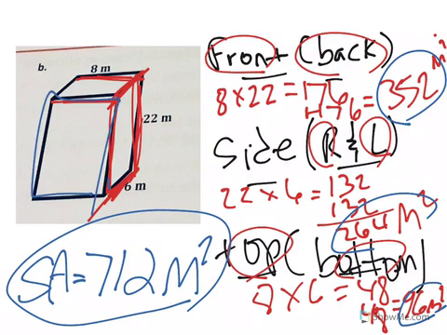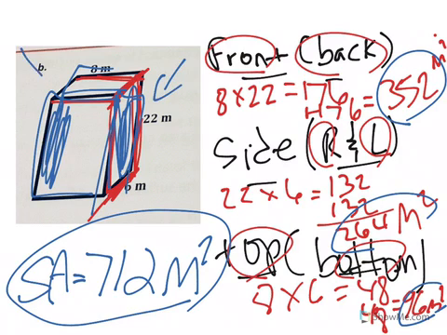Basically, you just find each face, you find the area of each face, which we've done area before, and make sure that you add them all up. And don't forget that if you do this side, there's also another side that we can't see from this angle. This is the right side. We've got to include the left side. If you find the top, you've got to do the bottom. If you do the front, you've got to do the back. So you're doubling all of these.